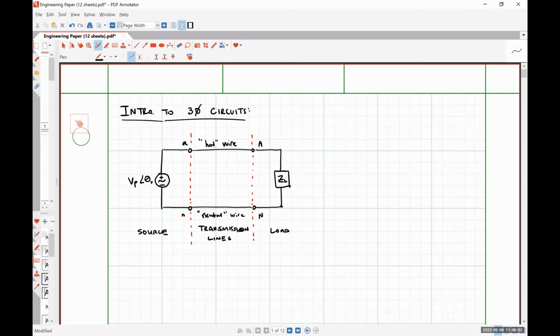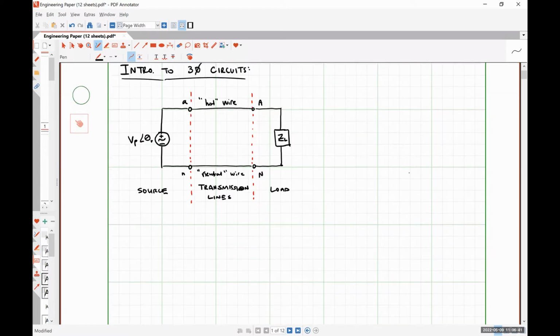Anytime I'm talking about the load side of our system, I'm going to use uppercase subscripts. So capital A and capital N in this case. Okay. So for this simple representation of a single phase circuit, it takes two wires, a hot wire and a neutral wire, to deliver some amount of power from our source to our load.